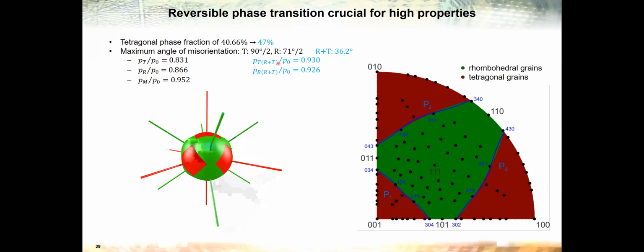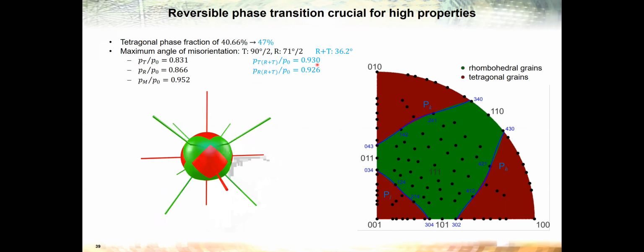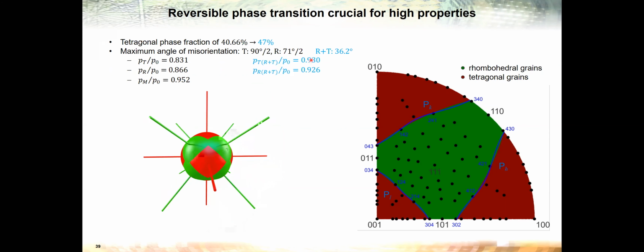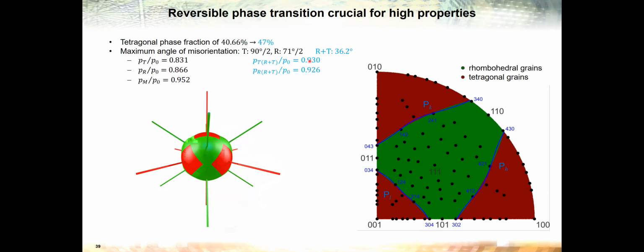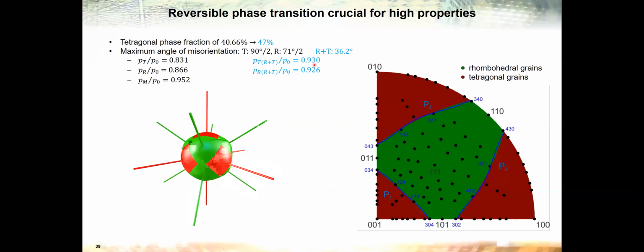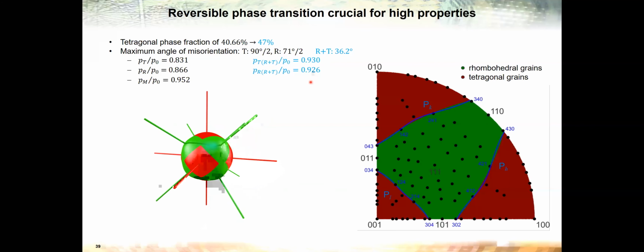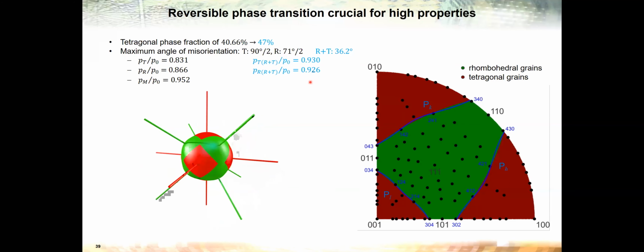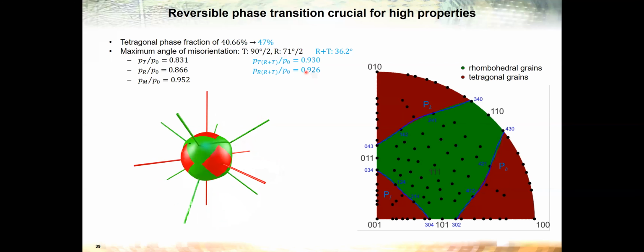And when we look at these phase coexistences, we get more than 90% polarization. So this means there's a significantly higher degree of domain alignment when you have a phase coexistence.